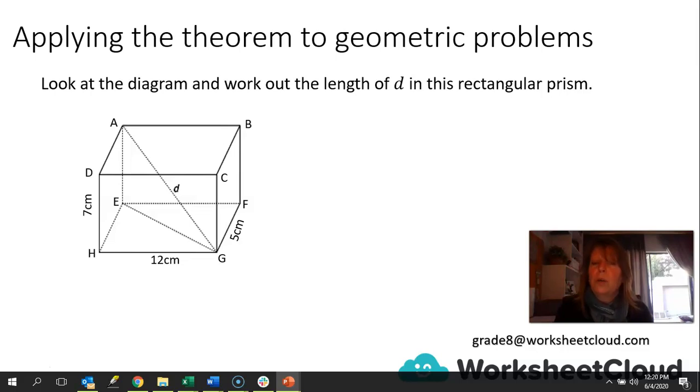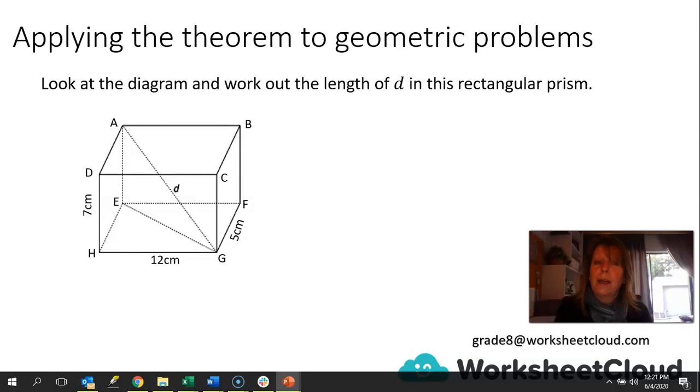So shouldn't we also try and figure out, first of all, what EG is, because EG is also one of the sides of the triangle that we are trying to find the hypotenuse for. If we needed to work out EG, we would have to work out what the diagonal of that base rectangle was. Now you can either work it out using the length EH, or you can work it out using the length EF.